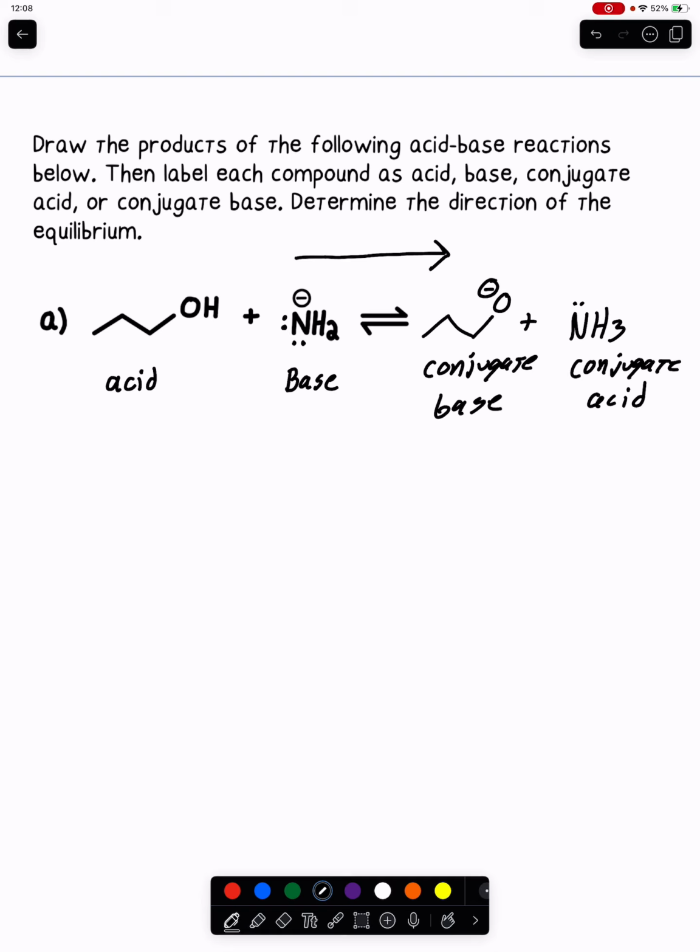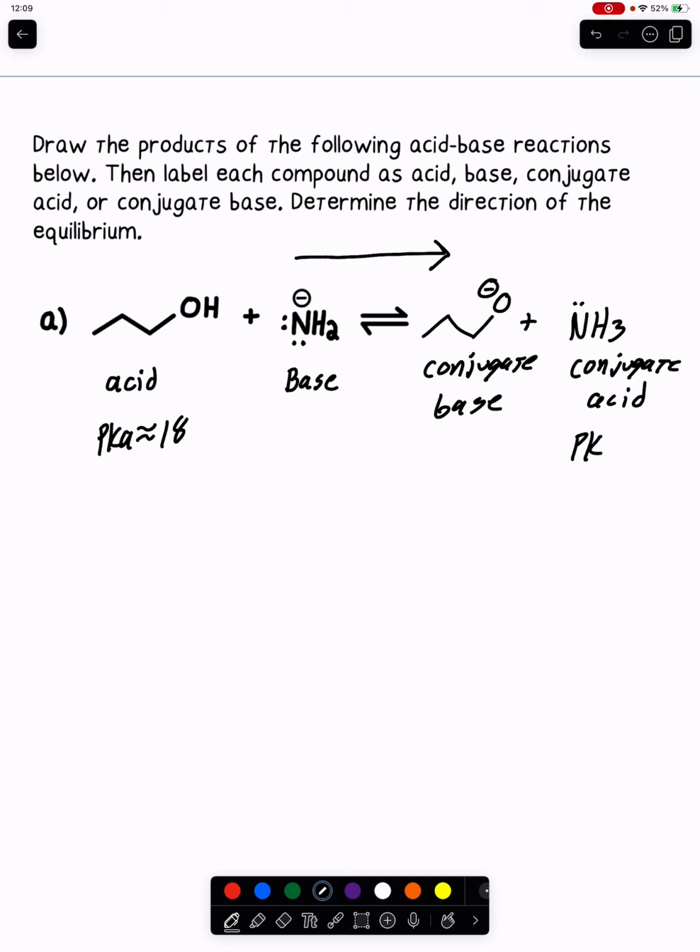If you're using the pKa method and you just want to memorize pKa's, the equilibrium is always going to go away from the more acidic acid. So if we compare the two acids in here, the alcohol versus ammonia, which one's more acidic? If we use the pKa method, the alcohol has a pKa of about 18.